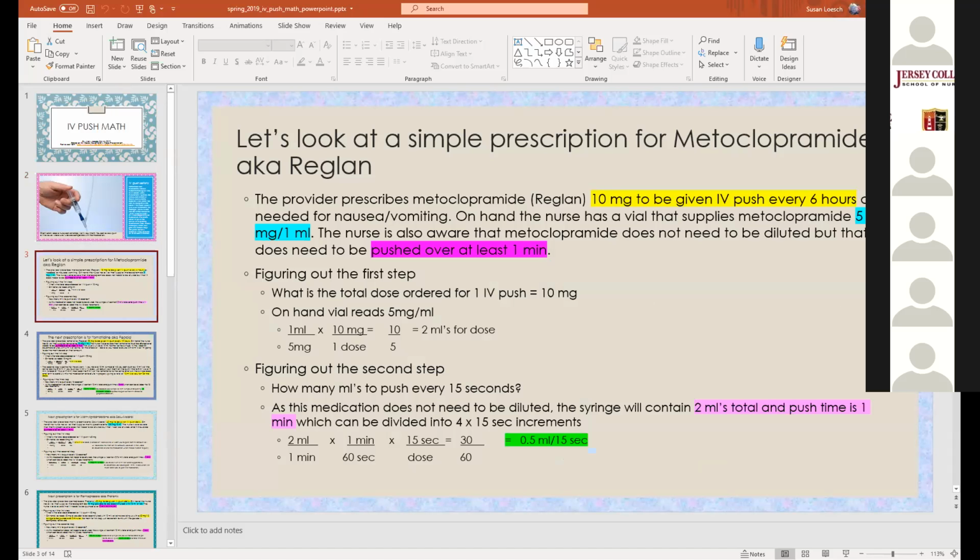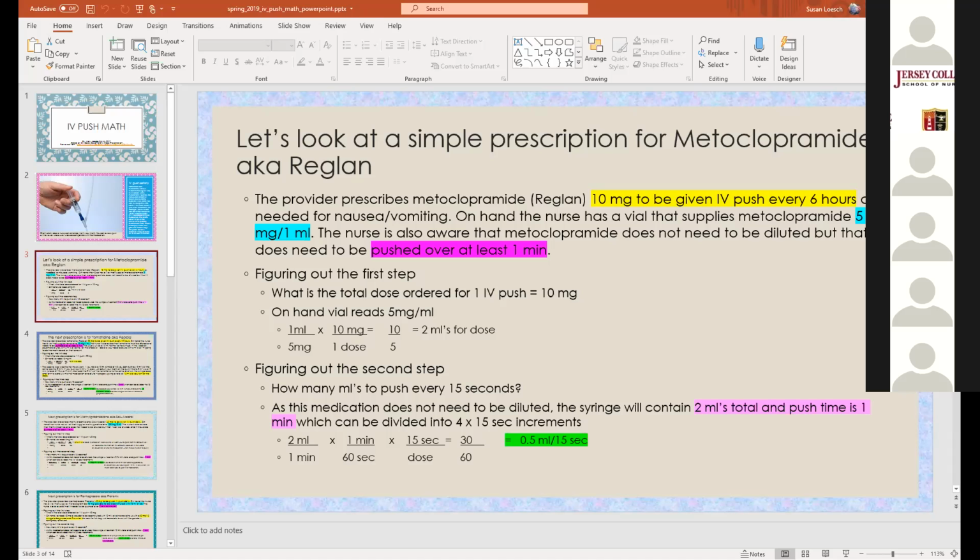So first you have to figure out what is the total dose ordered. For 1 IV push is 10 milligrams. And then what you have on hand. What you have on hand is 5 milligrams per 1 mL. And they just set this up to do the cross math.